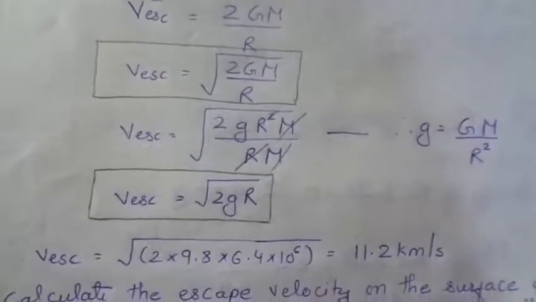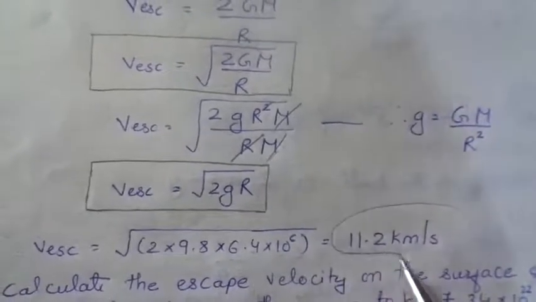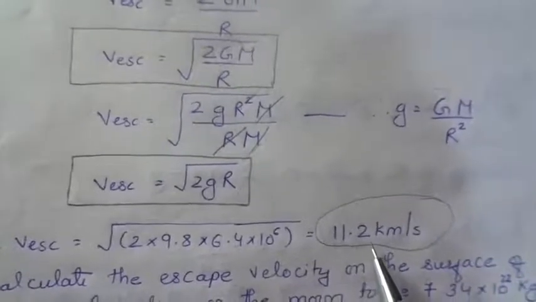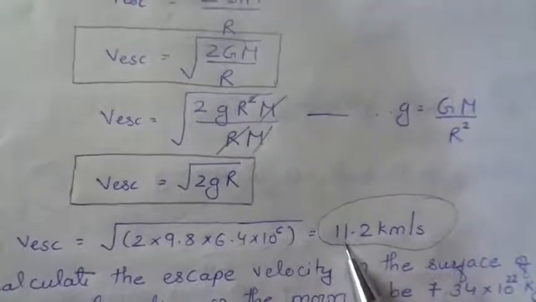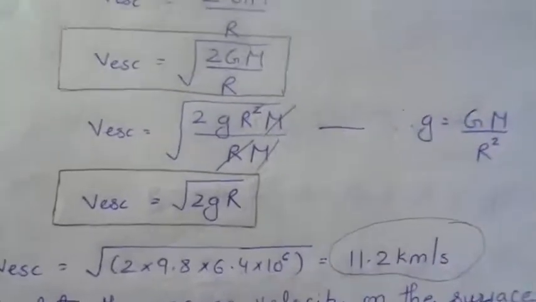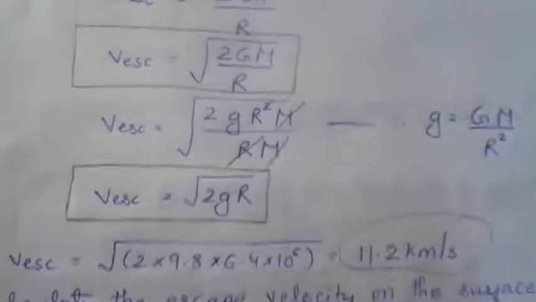It means if you want to escape from the Earth's gravitational force, the escape velocity is 11.2 kilometer per second.